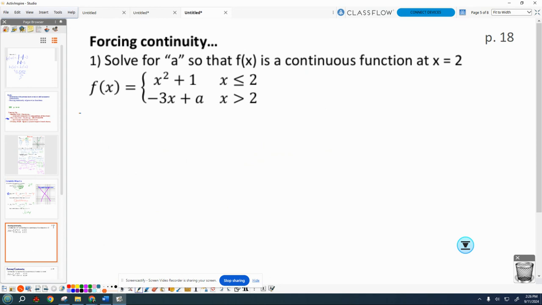What is one of the conditions that needs to be checked to see if it's continuous? They have the same y. Okay, so who's they? One's to the left and to the right. I need to test 2 from the left, 2 from the right, and the function at 2.